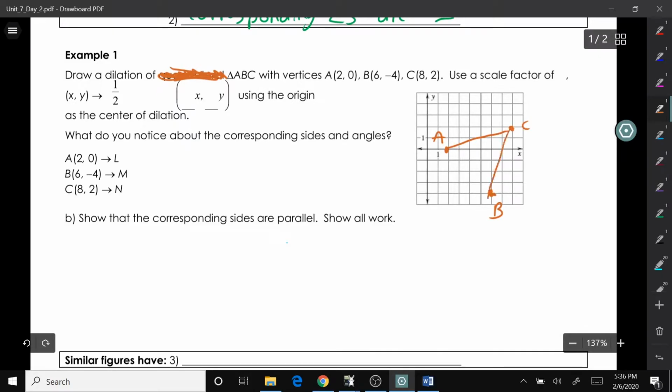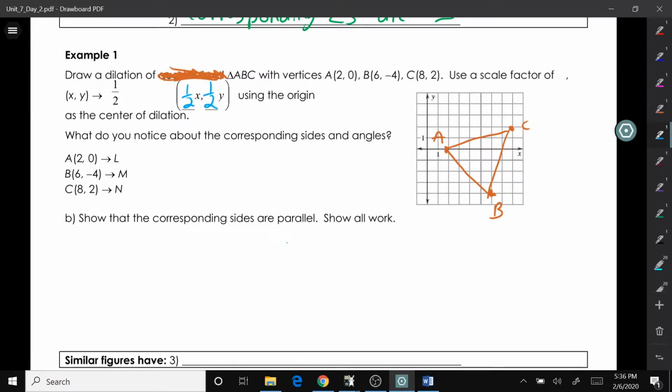So here's our original triangle, and we have a scale factor of 1/2. So that means we're going to multiply each value by 1/2, the x-coordinates by 1/2 and the y-coordinates by 1/2.